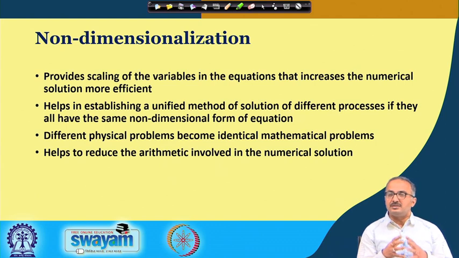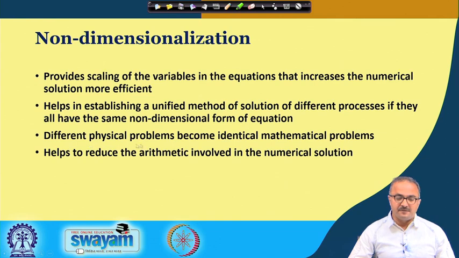So when these things happen, even though the numbers may look different, the form of the equations remains the same, and you can deduce similar conclusions from all these apparently different types of equations. So that is why the theories become unified. And next, the different physical problems become identical mathematical problems.